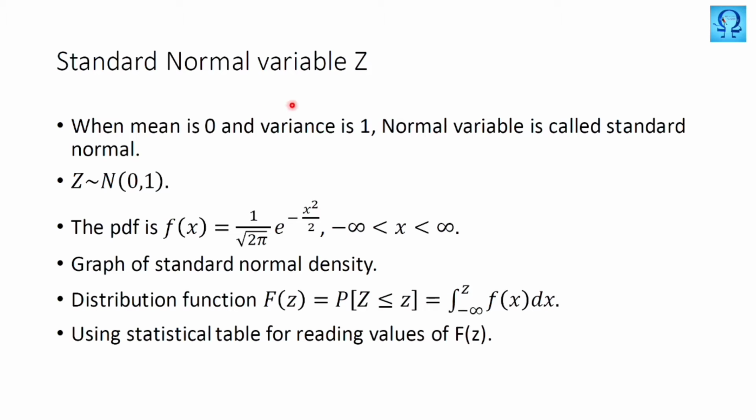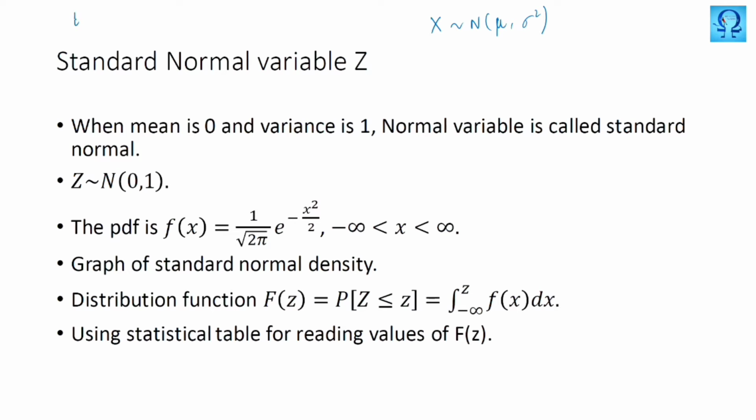The normal distribution with mean 0 and variance 1 is called the standard normal variate. Suppose we have x which is following a normal distribution with mean mu and variance sigma square. In that case, what can we do to obtain all these things?